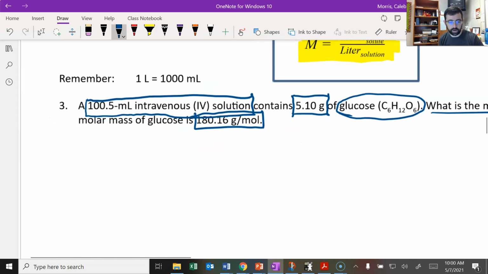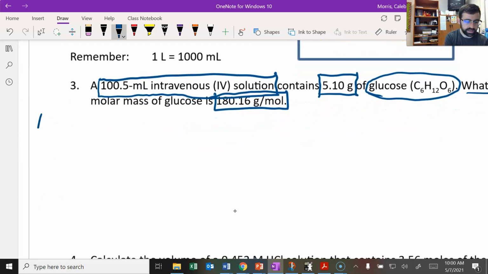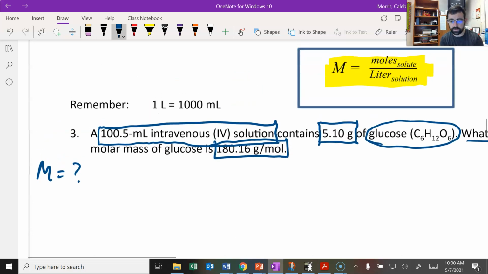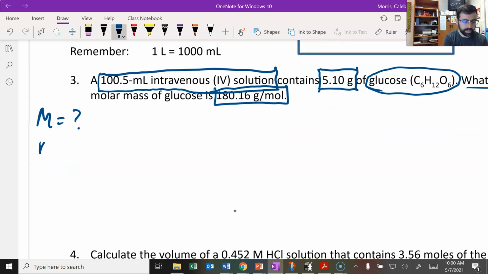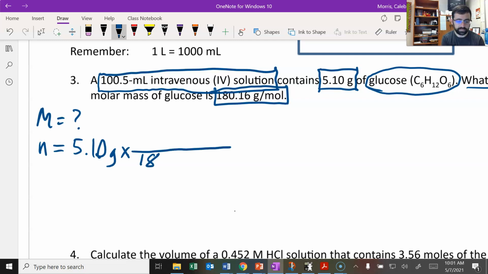So, our formula is molarity, which is what I'm looking for, equals moles of solute, which we could represent by the letter N. I have 5.10 grams, and I've got my molar mass here, 180.16 grams are in 1 mole.